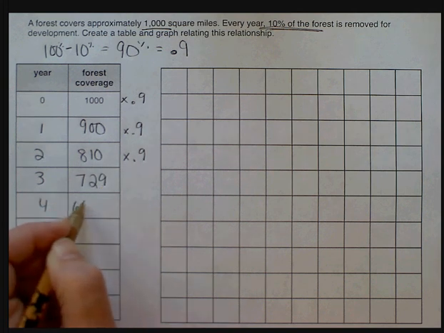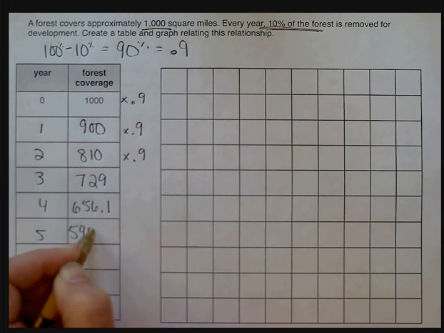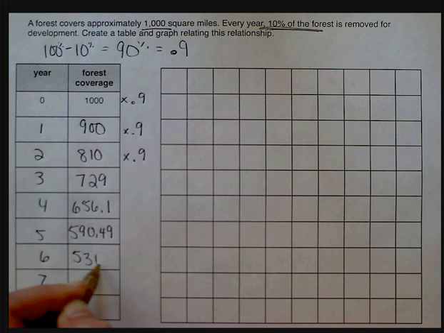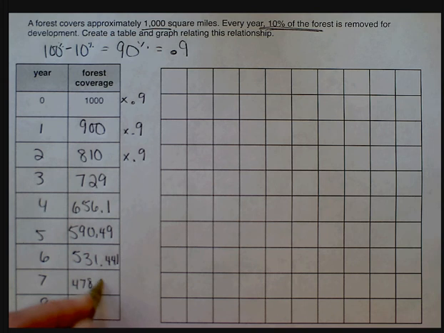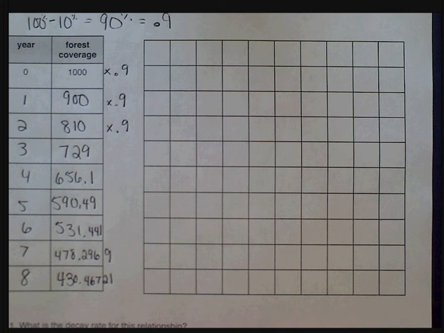After 4 years, it'll be 656.1, 590.49, 531.441, 478.2969, 430.46721. Alright, now I need to graph that relationship.